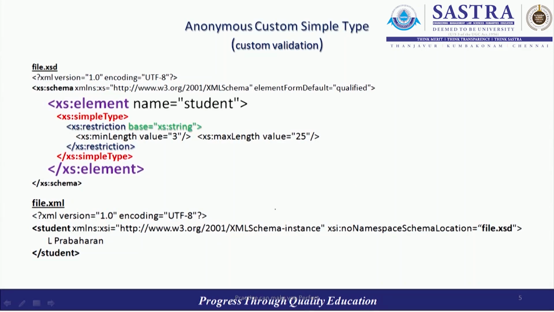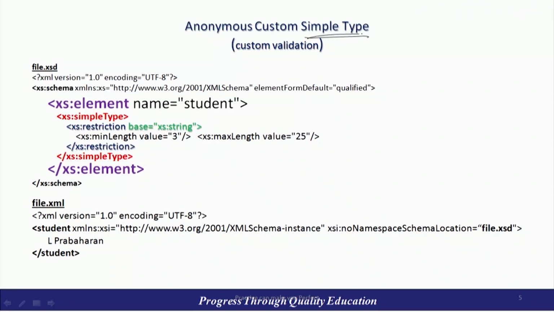Then move on to custom validation by using simple type. As I have mentioned earlier, in simple type we have two types. Simple type is used for defining an element as well as an attribute, but we can add more restrictions.